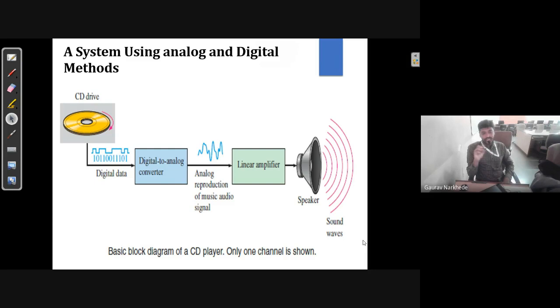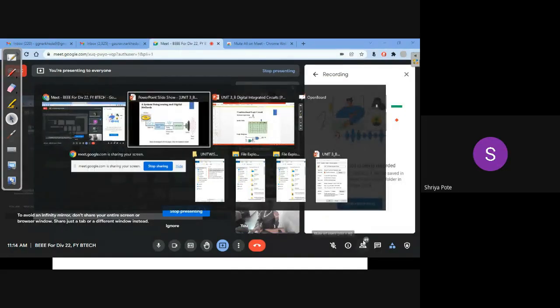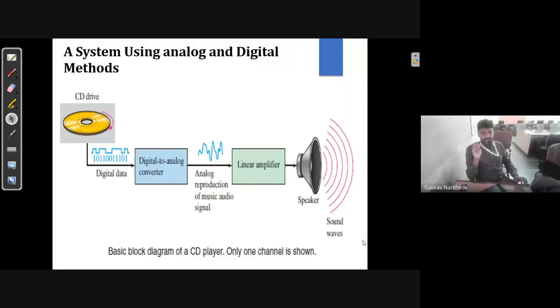First we read the data from the CD, and that digital data we convert into analog form by using a digital to analog converter. Once it is converted into analog form, the linear amplification and speaker do their job, right? So we are just storing the data in digital form. Is it okay? Okay, so this is the thing.